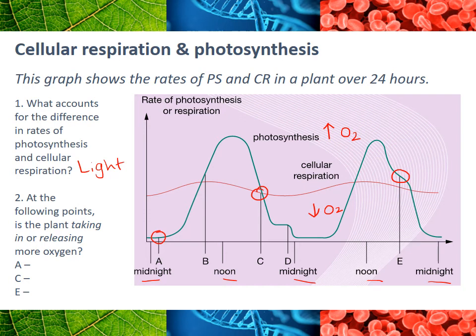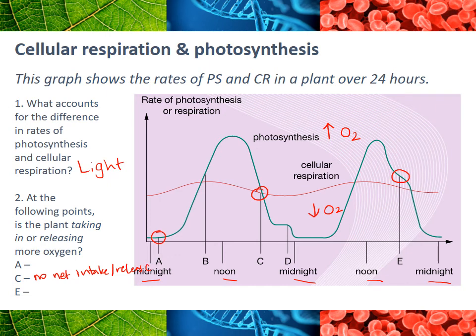Okay, so that means any oxygen that is made in photosynthesis is getting used by cellular respiration at the same rate. So at point C, you would say there is no net intake or release. Or you could even just say that the rates are equal.